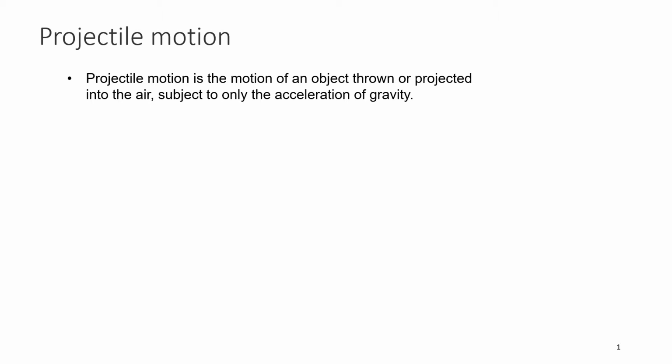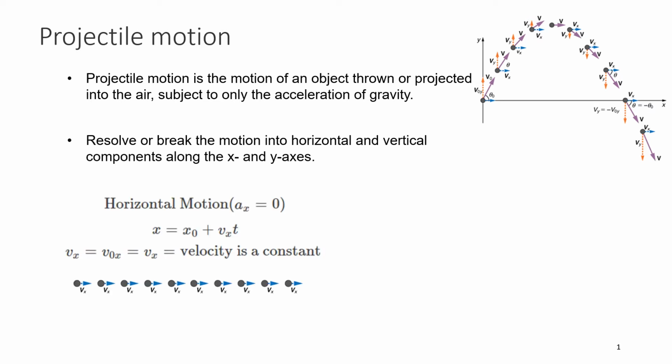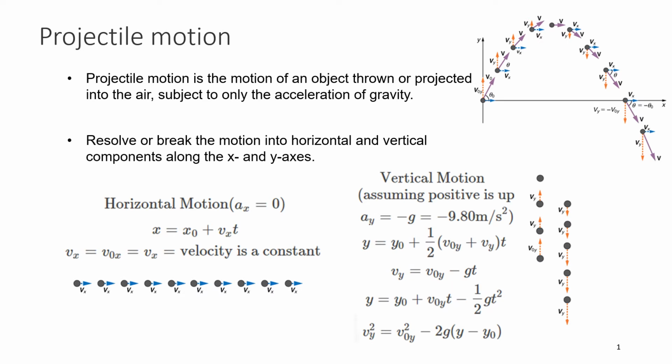The key is to break the motion into two motions, one along the horizontal axis and the other along the vertical axis. Because acceleration due to gravity is vertical, there will be no acceleration along the horizontal axis when air resistance is negligible.